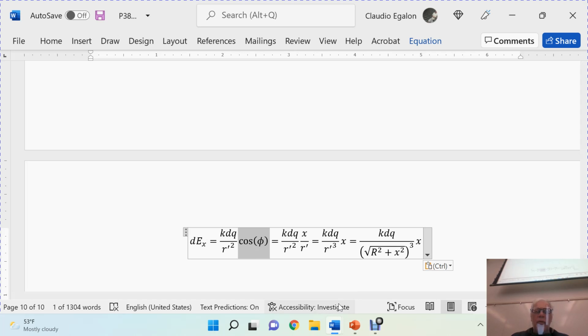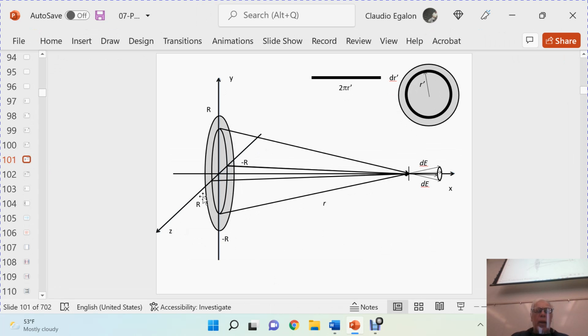This phi is going to change as I integrate from the center of the disk to the outside of the disk. Okay? This angle phi is going to change as we span this vector here from the center, right? The phi angle here in this case is going to be 0. And as I integrate through different rings along the disk, this phi angle is going to change.